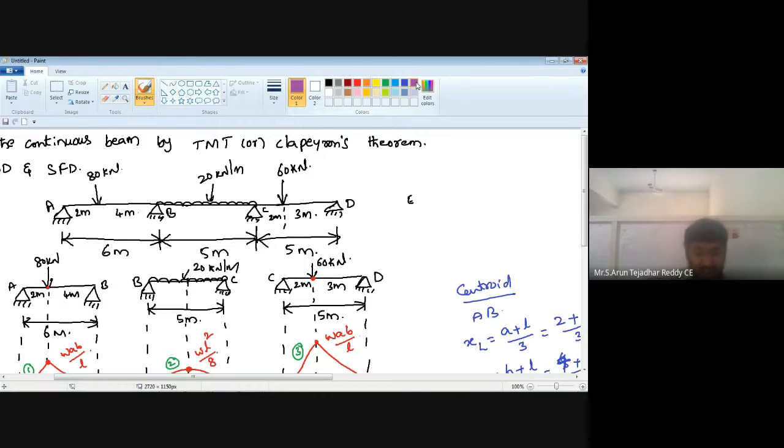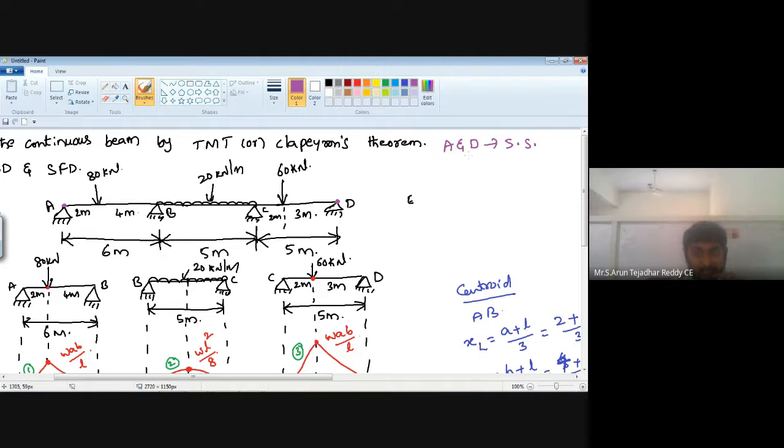See, in this given diagram, point A and point D, all of you write clearly, then you can easily understand. A and D both have hinge supports, so they are called simple supports.